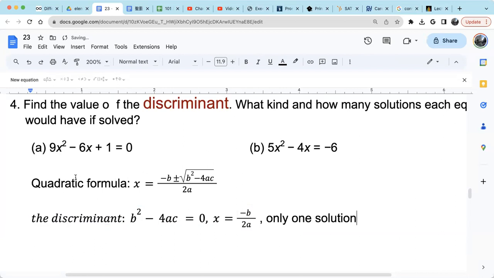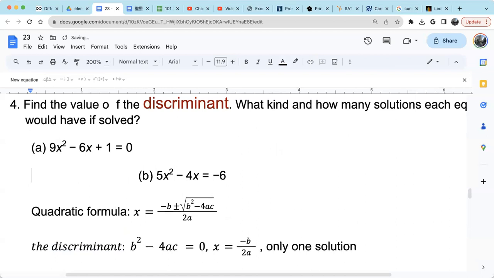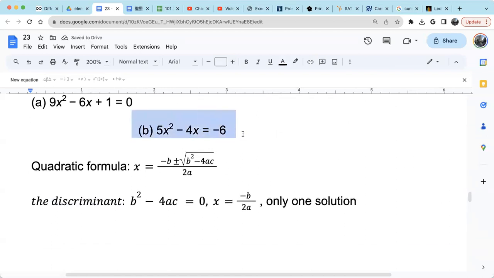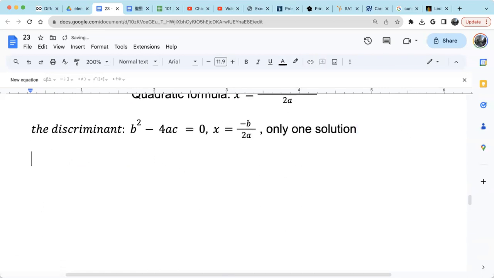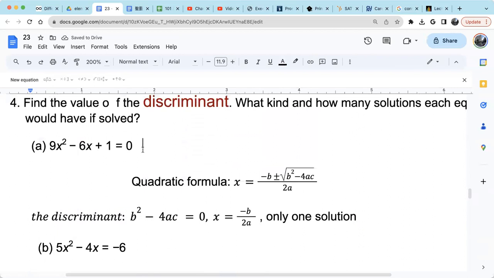Okay. Now let's go back to the equation. We see this one can be factored because our solution is only one rational solution. If it's one or two rational solutions, that means the original equation can be factored.